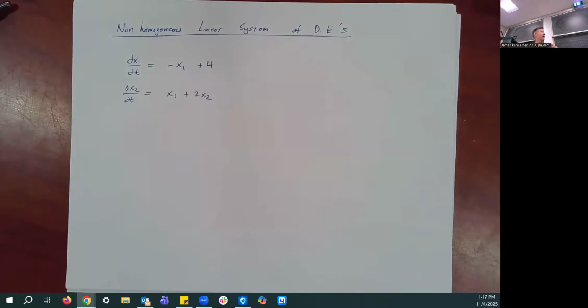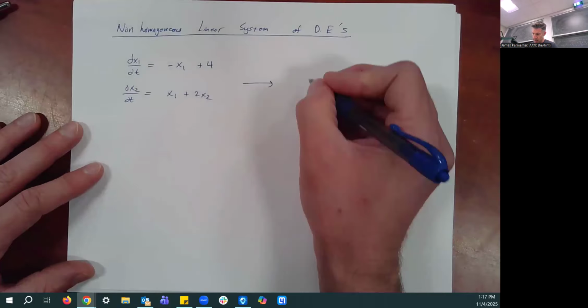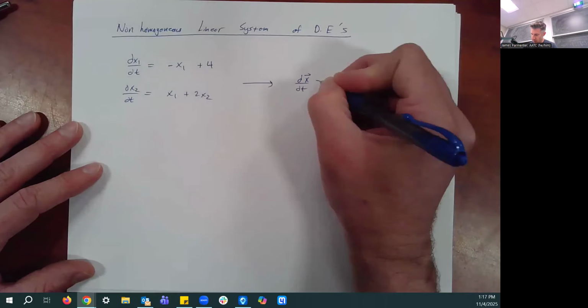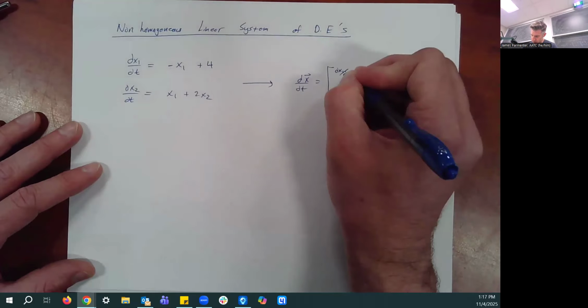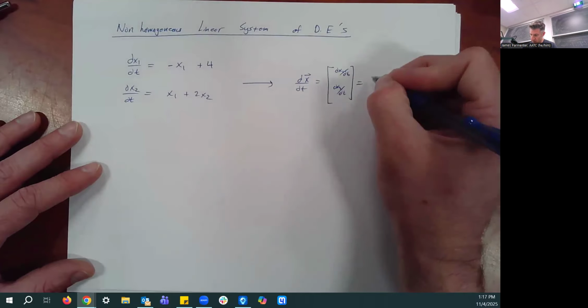Or if you're writing things in terms of matrices, it means you can't just write the equation as a matrix A times your variable vector x. You have to add on some other non-zero vector at the end, which is what we're going to do. So as a matrix equation, it's dx/dt, or if you prefer, you can write it as dx1/dt, dx2/dt, equal to the coefficient matrix. Now, don't get confused here.